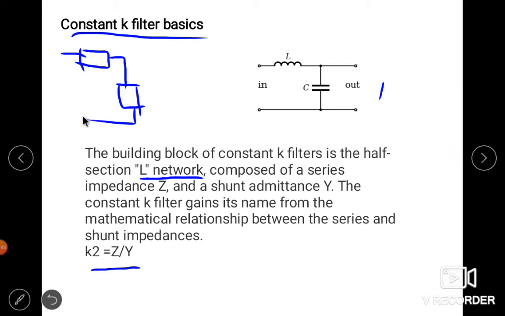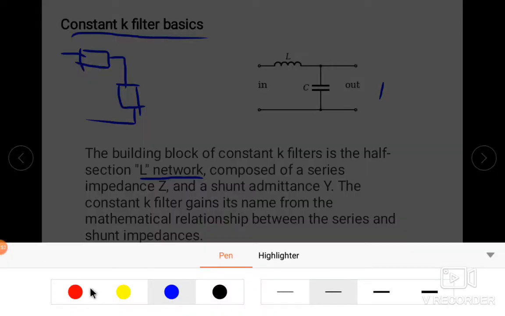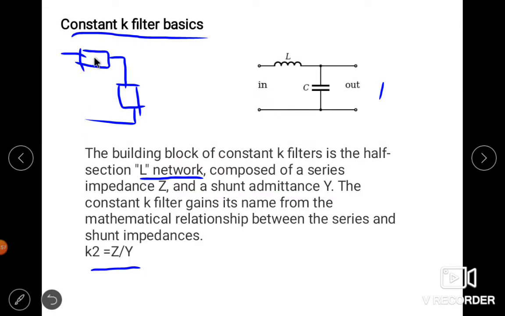If this is one section and I put it here, with Z and the admittance Y, right?